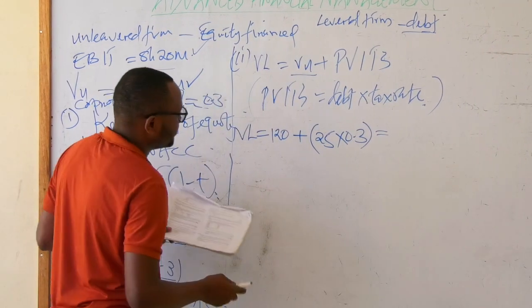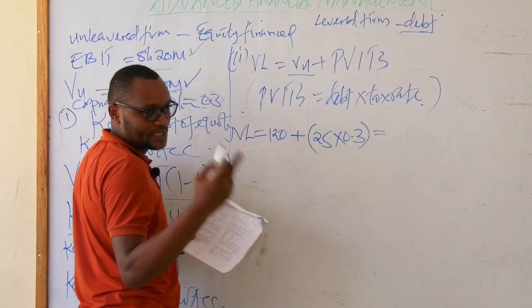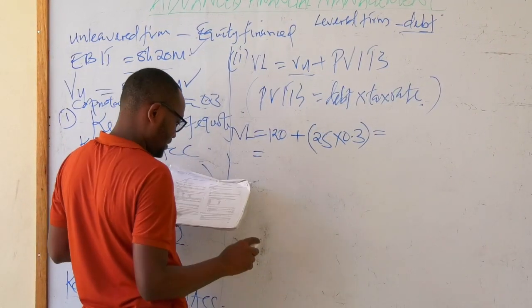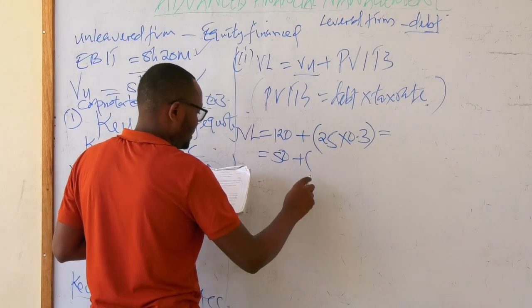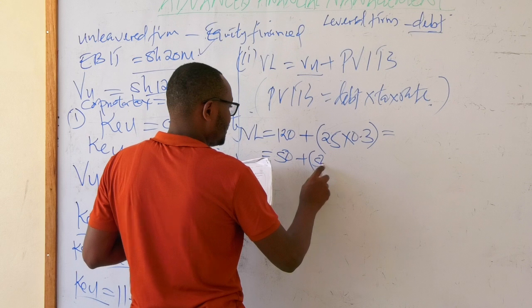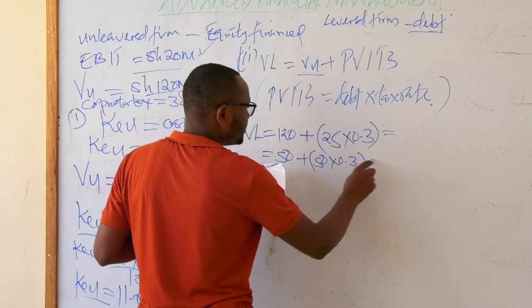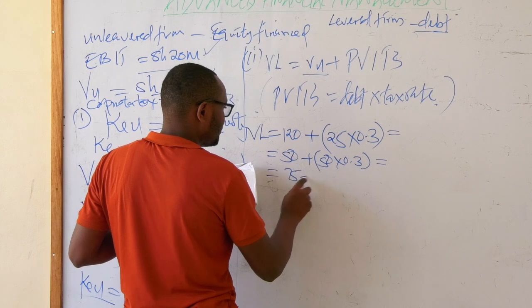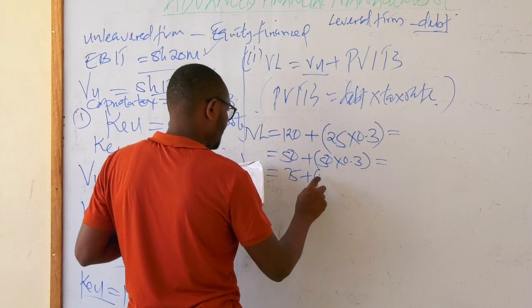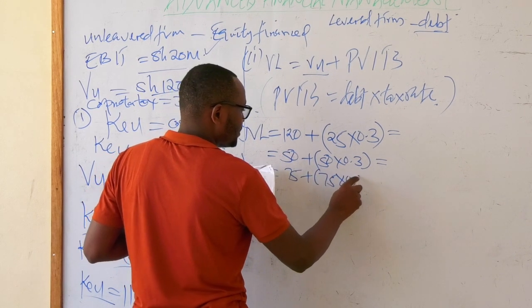We can list all of them, then we come to addition. So this is, 50 plus, 50 times 0.3. For the second one, the value of the debt is 75, plus 75 times 0.3.